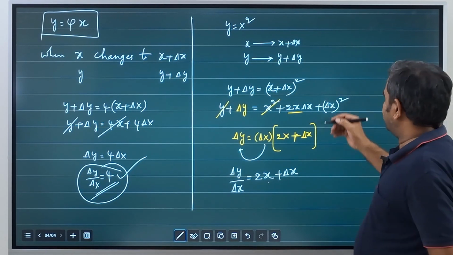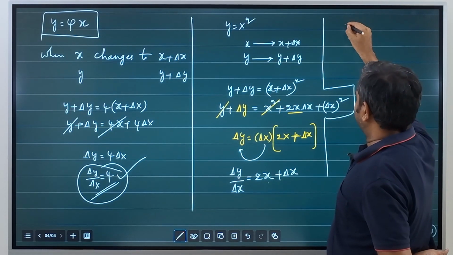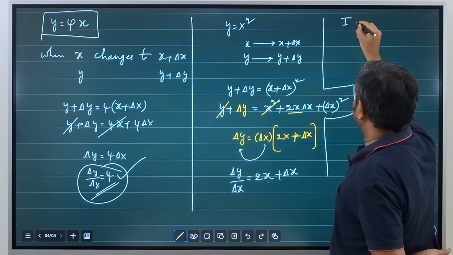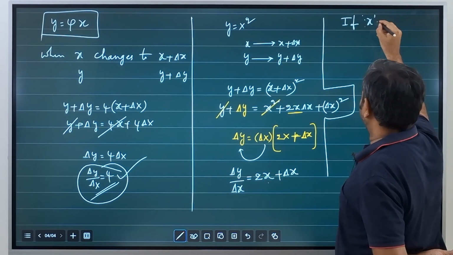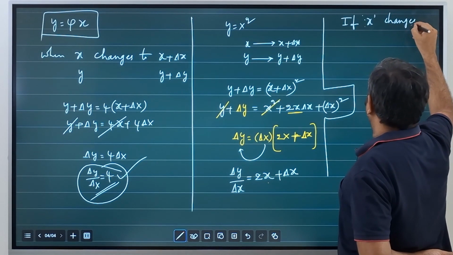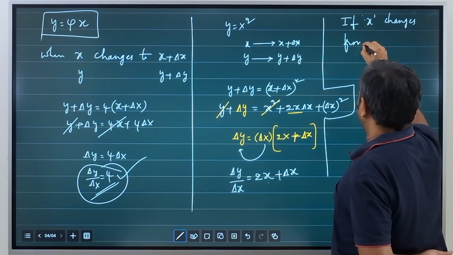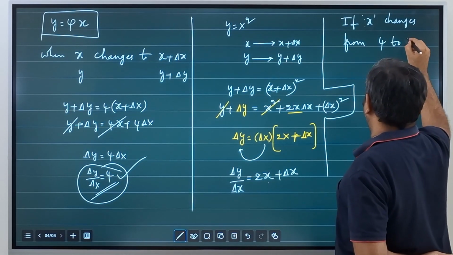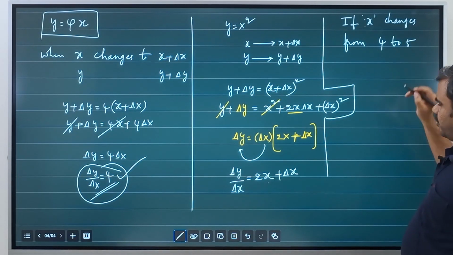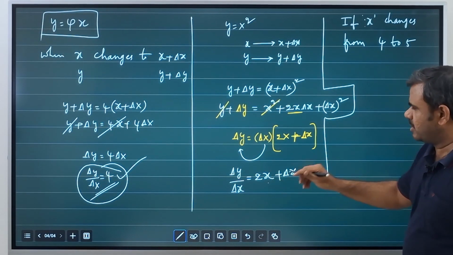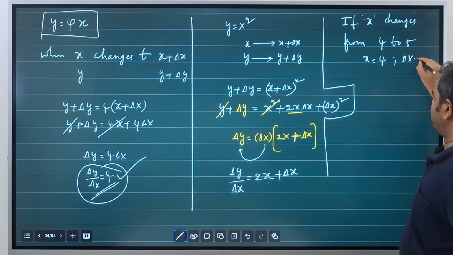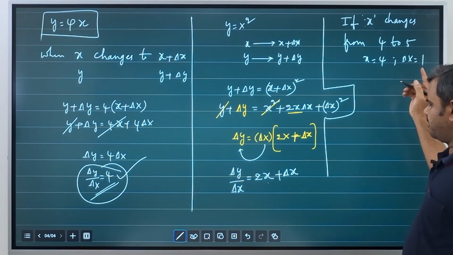Let's take some numbers, some examples. If x changes from 4 to 5. The x value changes from 4 to 5. So take x is equal to 4 and delta x is equal to 1 unit. Change in x is from 4 to 5.